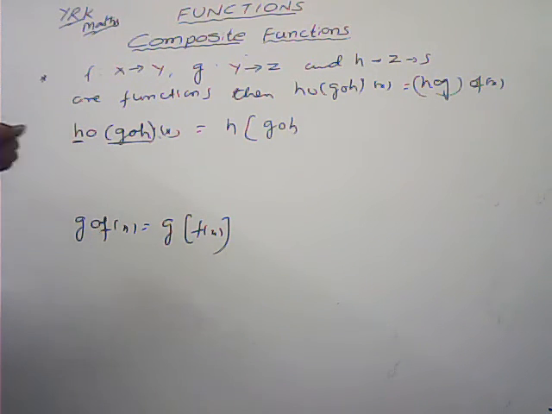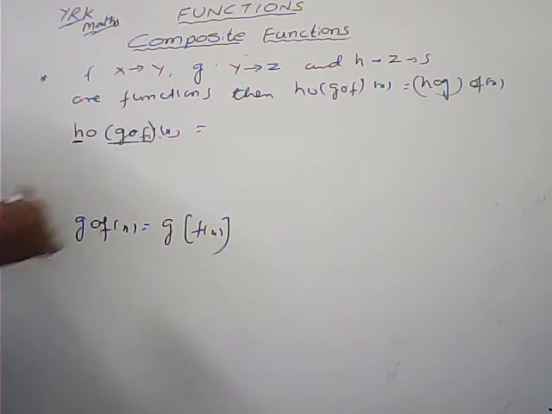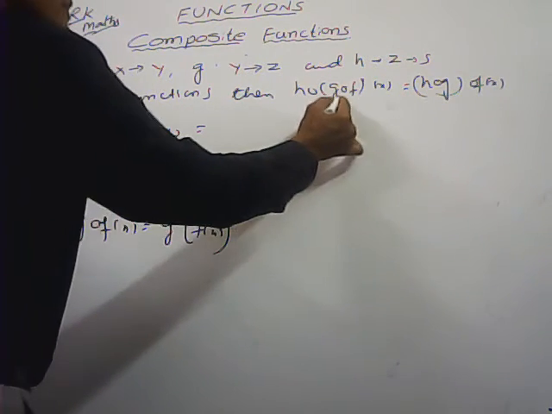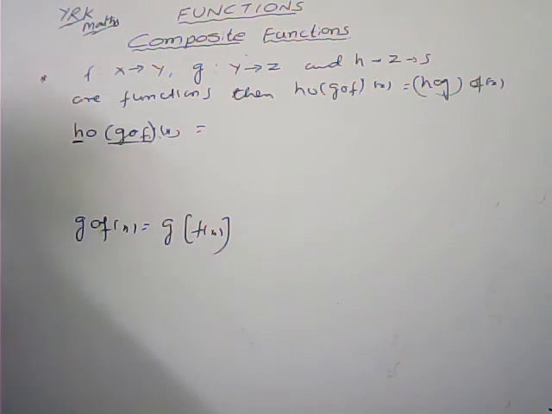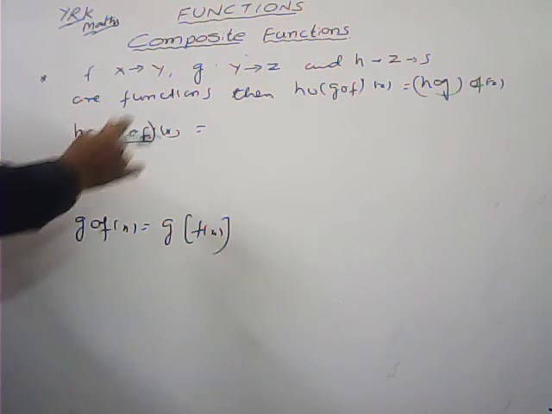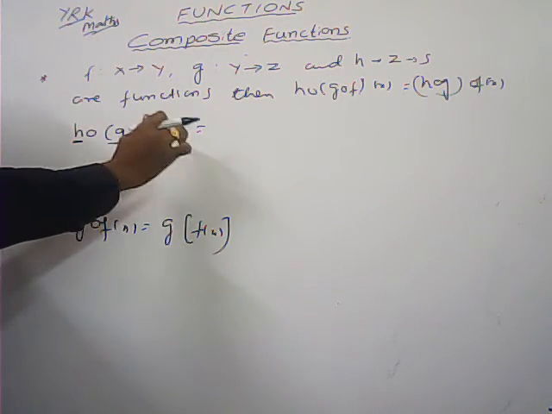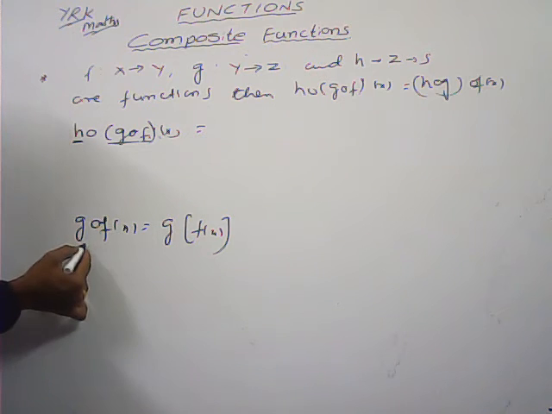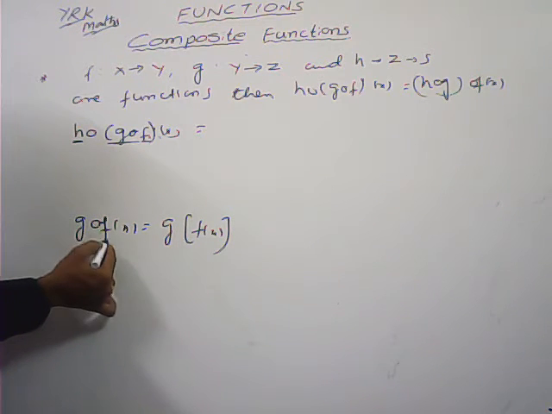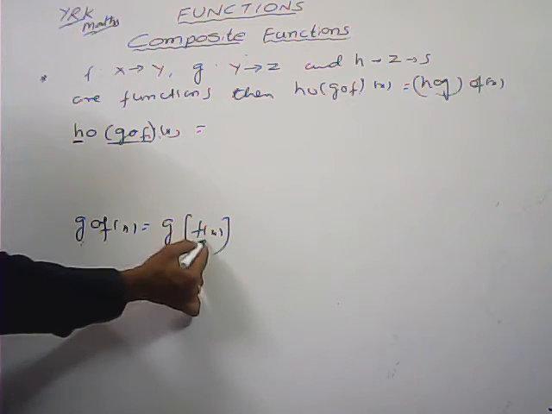Here we have to prove that H circle G circle F of X equals H circle G circle F of X. So left hand side, this one I am taking H circle G circle F of X, that is equal to the composite function of G and F. How we define that one? G circle F of X equals G of F of X only.